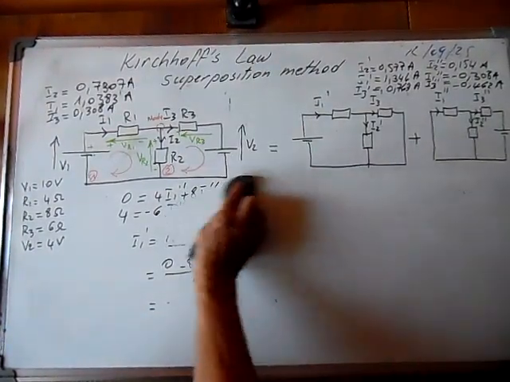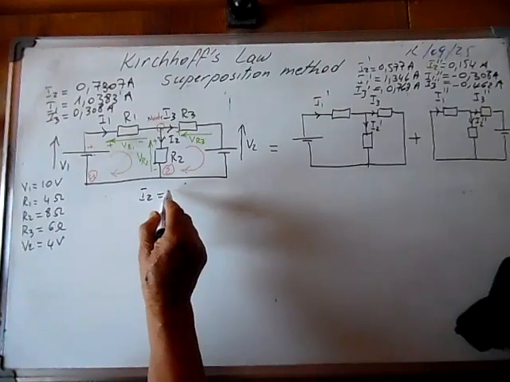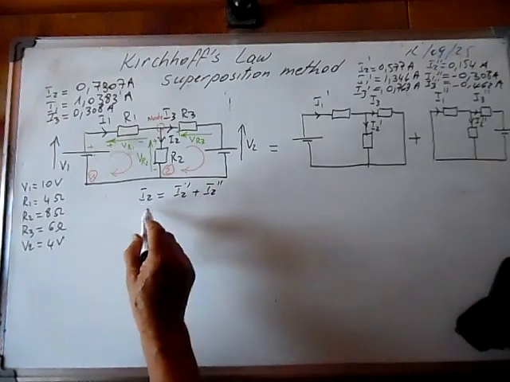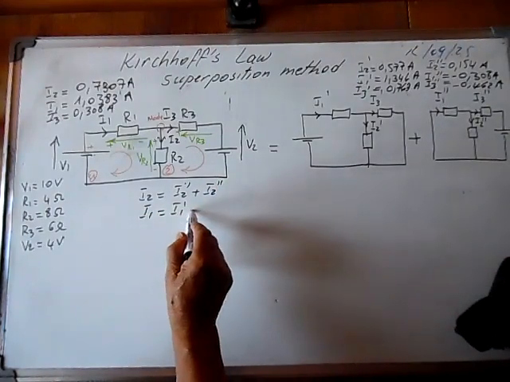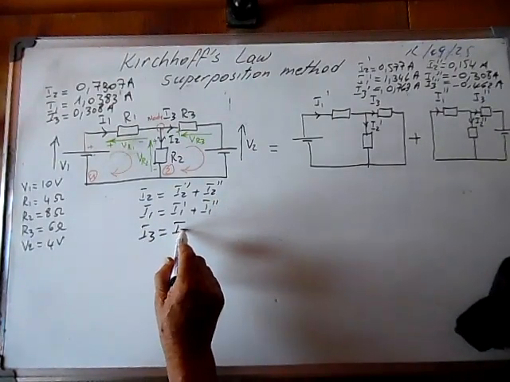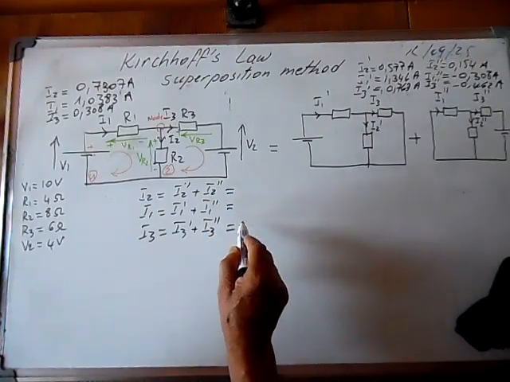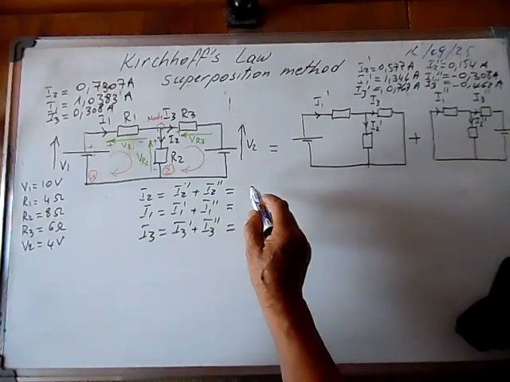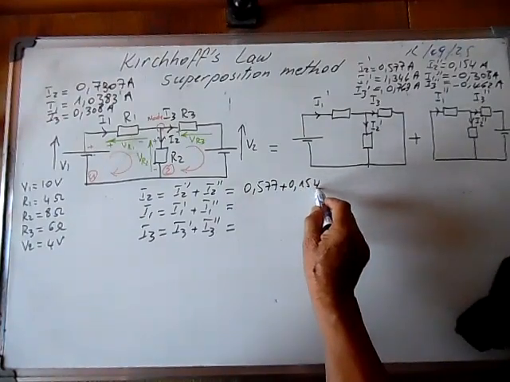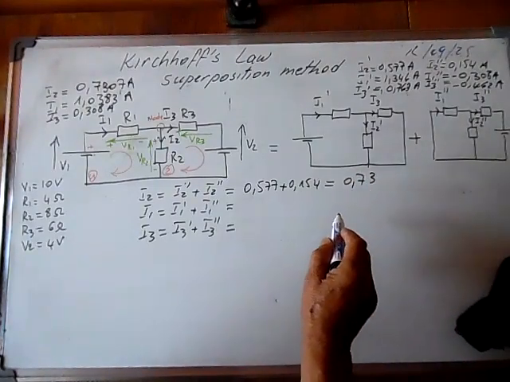Let's see whether our calculations are correct. We have to verify that I2 is equal to I2 prime plus I2 second, I1 is equal to I1 prime plus I1 second, and I3 is equal to I3 prime plus I3 second. Let's see whether we did good calculations. 0.577 plus 0.154, and this is 0.73 amps, I think.